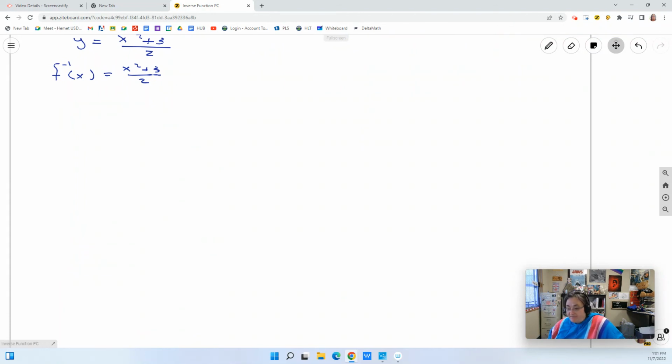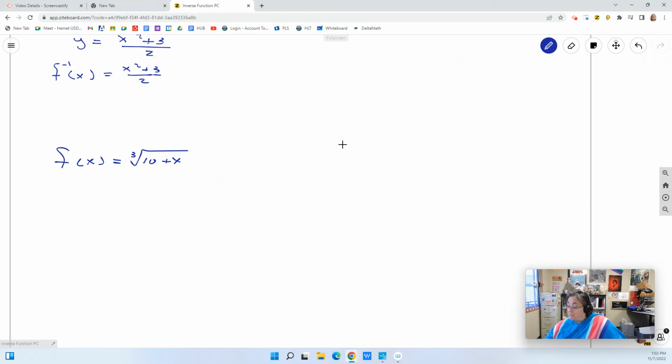If I have f of x equals the cube root of 10 plus x, right away, I don't know what this is.